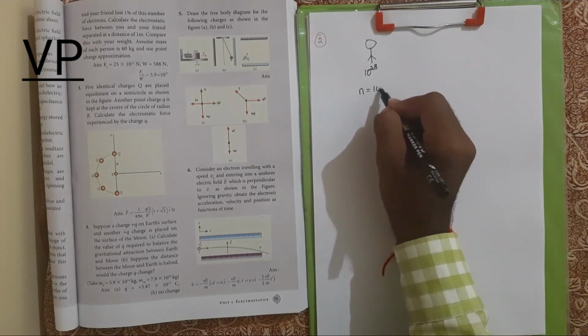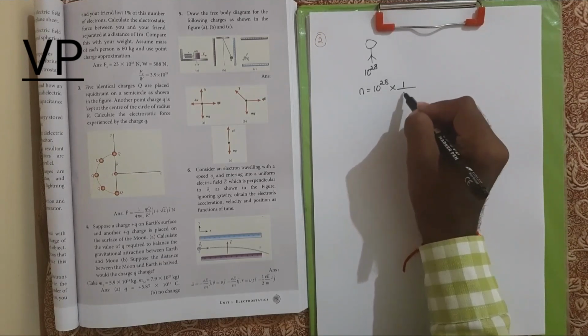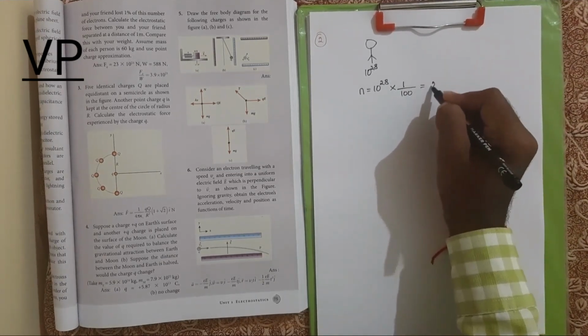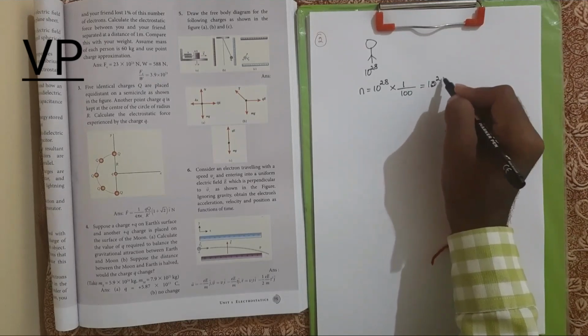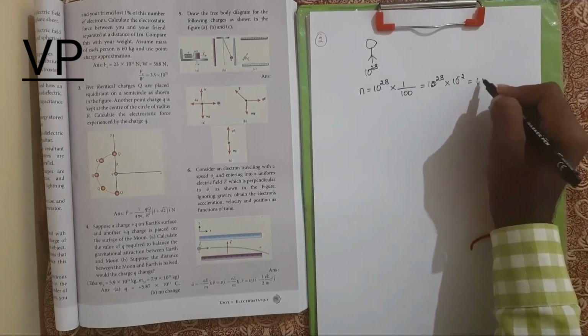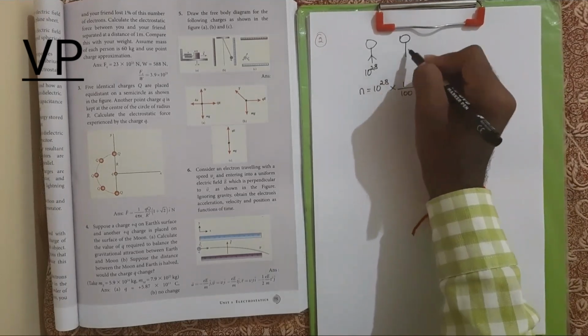N is equal to 10 to the power 28 initially, and we lost 1%, that is 1 by 100. So now we have 10 to the power 28 into 10 to the power minus 2, which is equal to 10 to the power 26 electrons left with me and my friend.